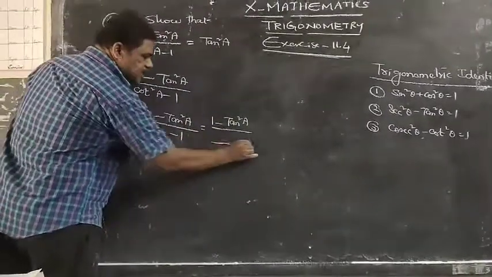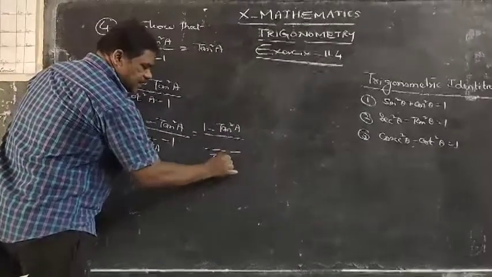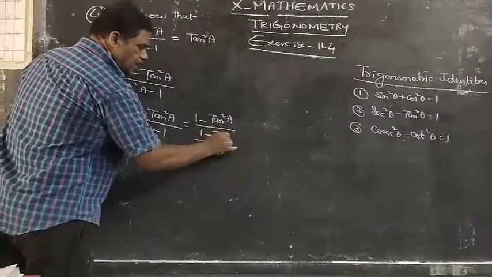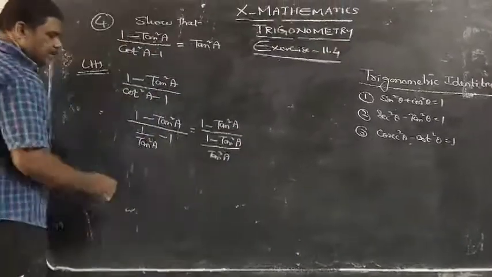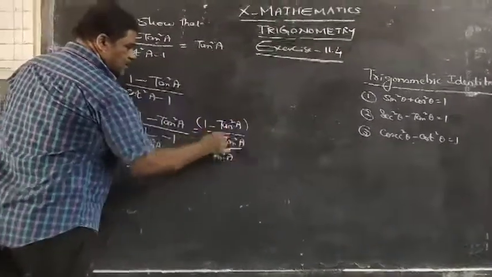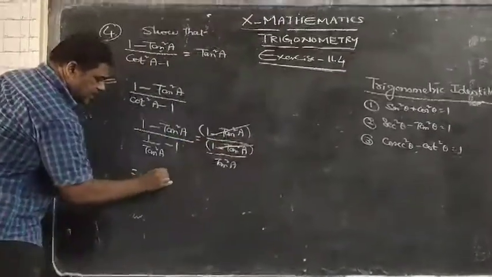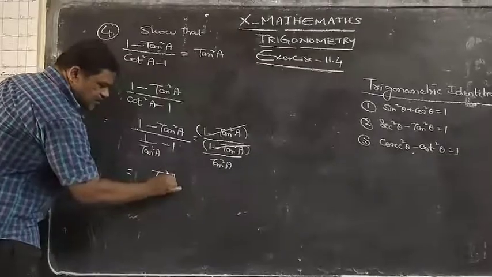Now you take LCM in the denominator. Tan square A is LCM. Tan square A into 1 minus tan square A. Now these two you can cancel. This goes into numerator. Answer is tan square A.